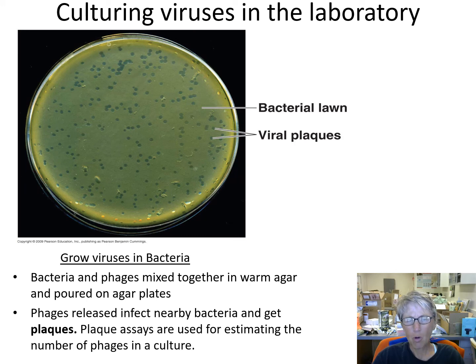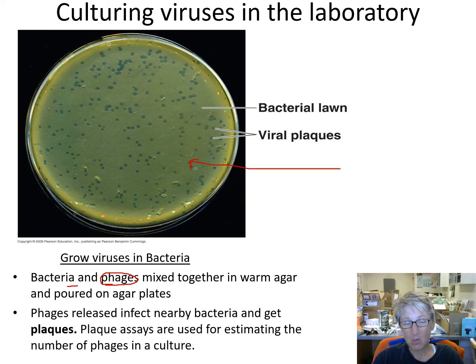You can grow a virus inside a bacteria. Remember, a virus that infects bacteria is called a bacteriophage. So you can take bacteria and the phages, mix them together in warm agar, and then pour them on these agar plates. This is an agar plate.